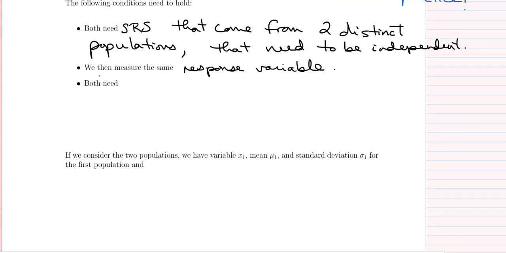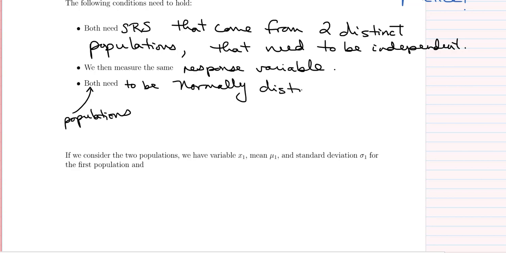And both populations need to be, you guessed it, normally distributed, where mu and sigma are unknown.